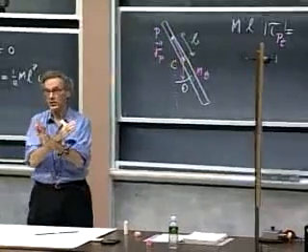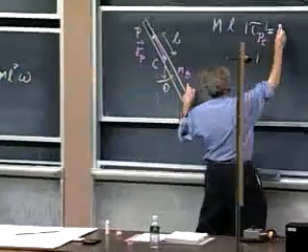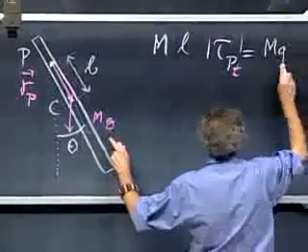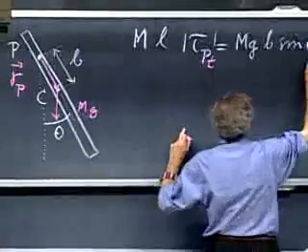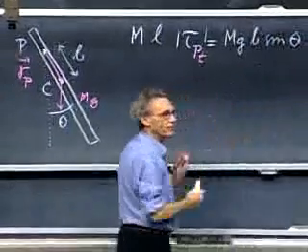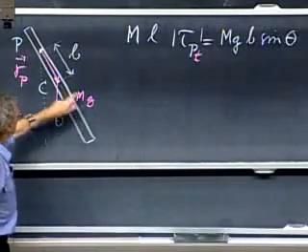And the cross product has the sine of the angle in it. So the magnitude of that is going to be mg times b times the sine of theta. This is r cross f, the magnitude of r cross f. This being f, this being r.